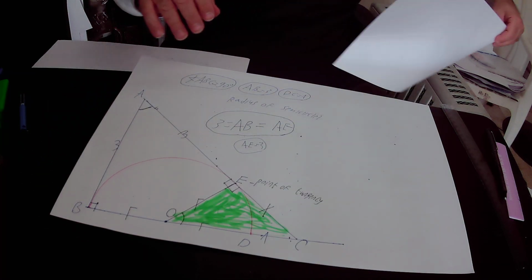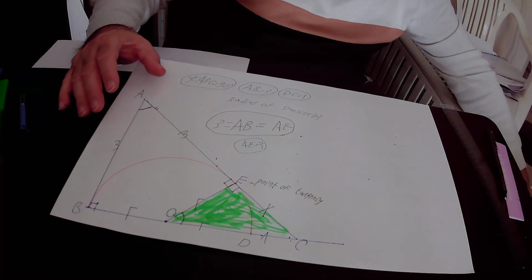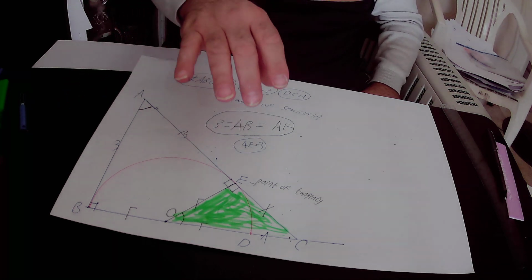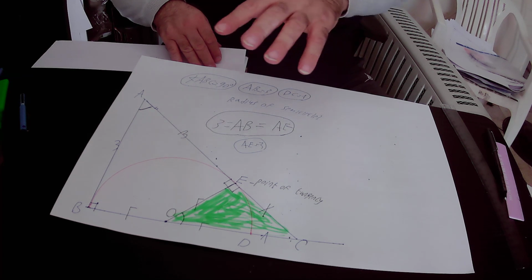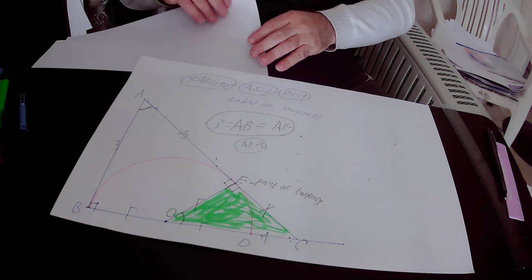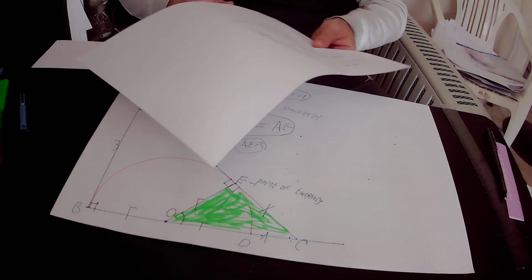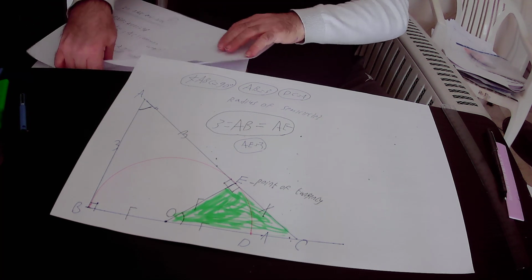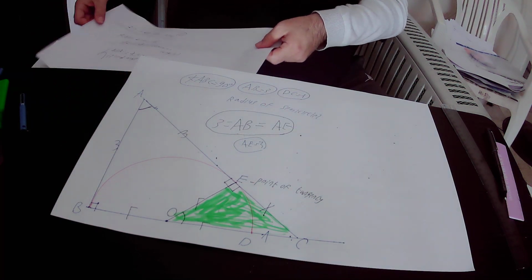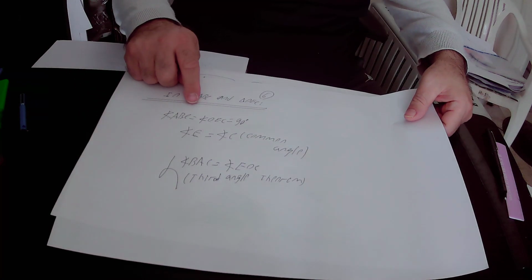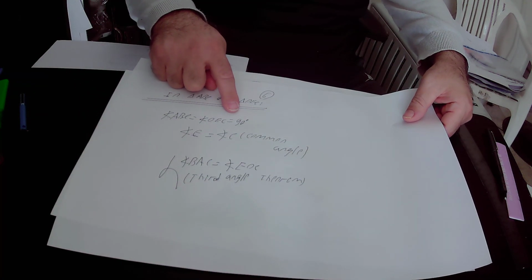Then we focus on the big right triangle ABC and the small green right triangle OEC, and we prove that those two triangles are similar to each other. We know that those two angles are equal to each other, they are both right angles. So angle ABC equals angle OEC, they are both equal to 90 degrees.